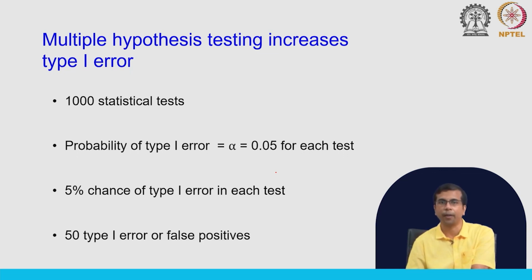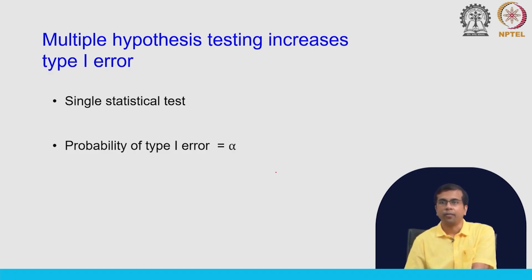But since we are doing 1000 statistical tests, given this 5% chance, we will expect about 50 type 1 errors, or false positives. The threshold that we applied for a single statistical test will not be able to contain this when we do 1000 tests, so we will have a lot more false positive calls. The second situation is that it will also increase the probability of a single false positive call.